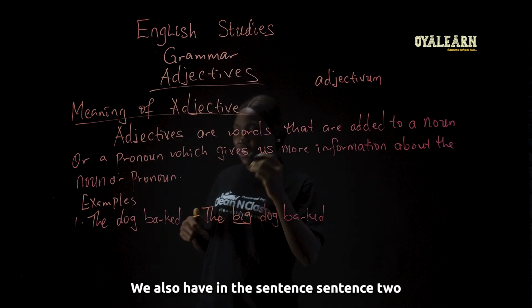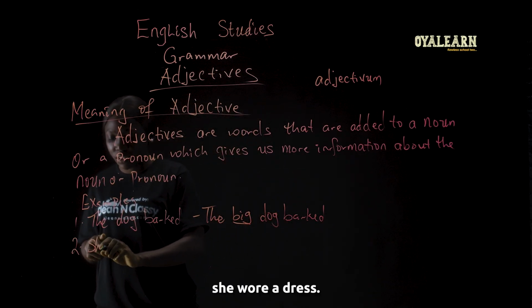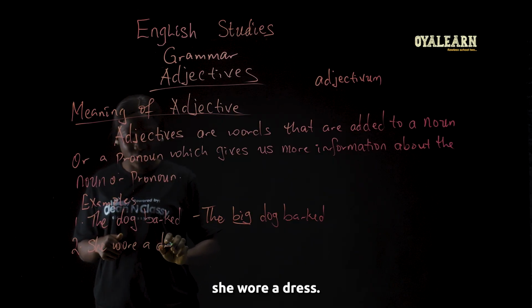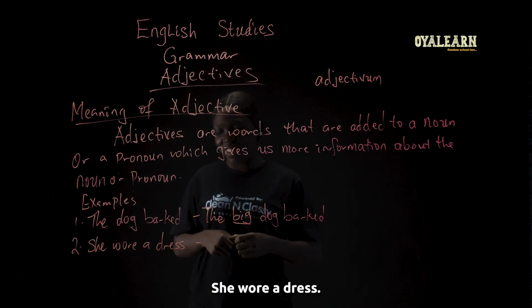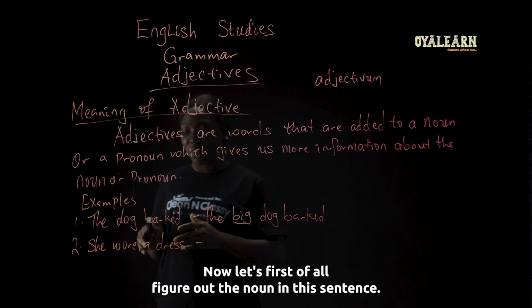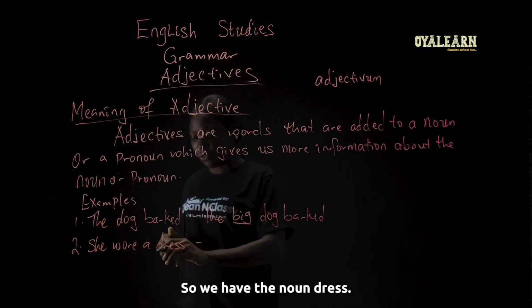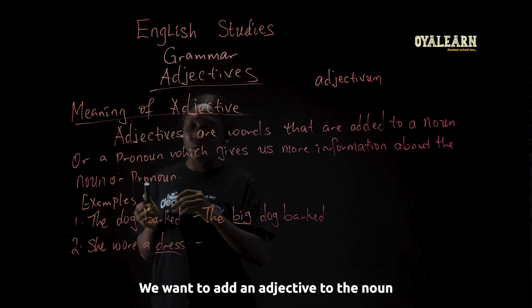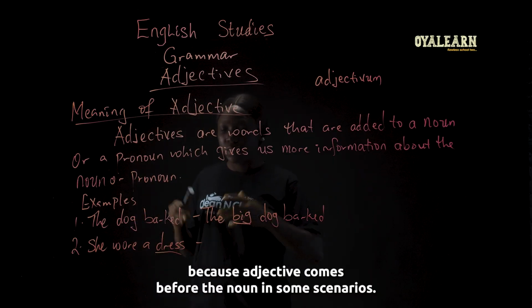All right, we also have another sentence. Sentence 2: she wore a dress. Let's first figure out the noun in this sentence. We have the noun dress. We want to add an adjective to the noun, because an adjective comes before the noun in some scenarios.